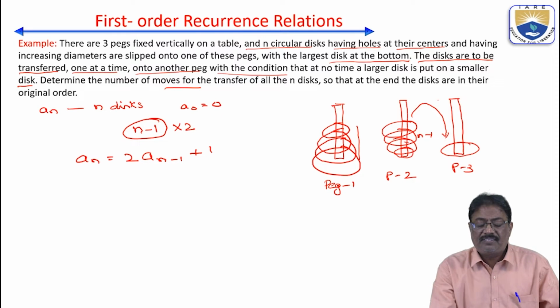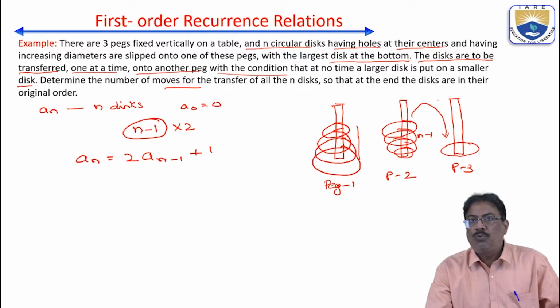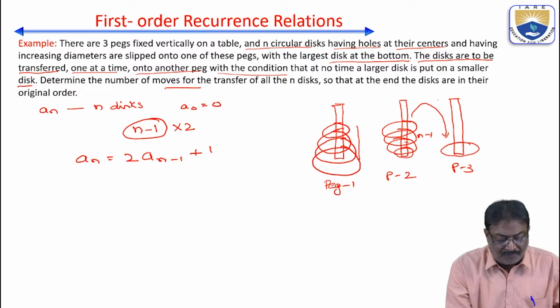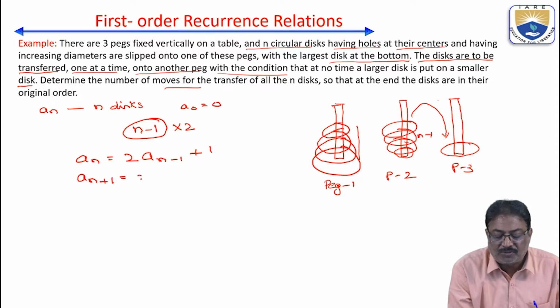So n minus 1 circular discs are moving twice, so we take it as 2, and the larger disc we move only one time. Then if I substitute n equal to n plus 1, the recurrence relation will become a_(n+1) equals 2a_n plus 1. So this is the recurrence relation for this scenario.